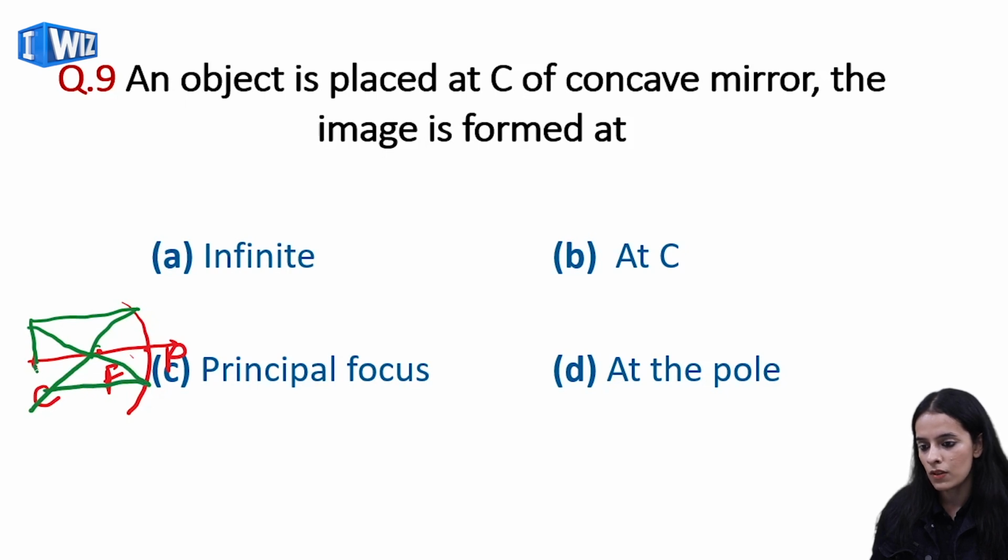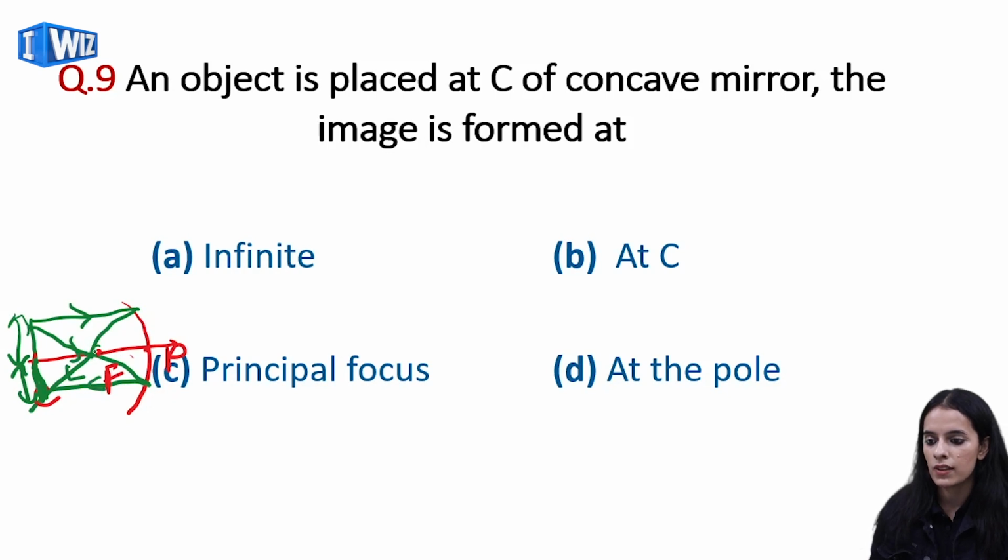So where will the image form? The size of the image is equal to the size of the object. So when the object is placed at C, the image is also formed at C. Always mark arrows to show the path of a ray of light.